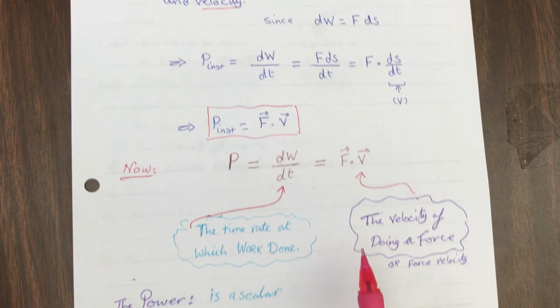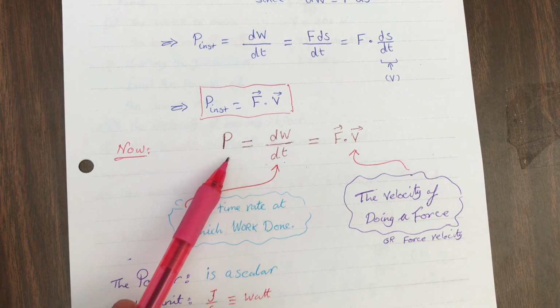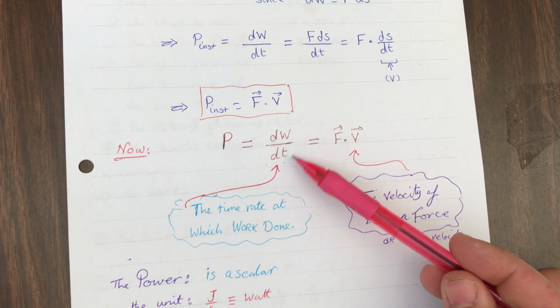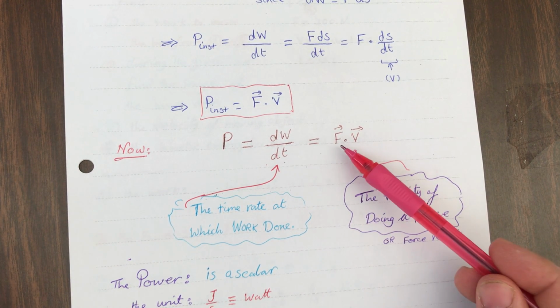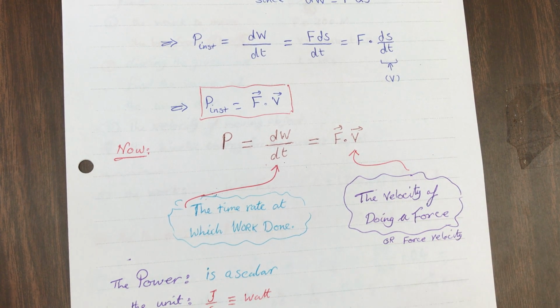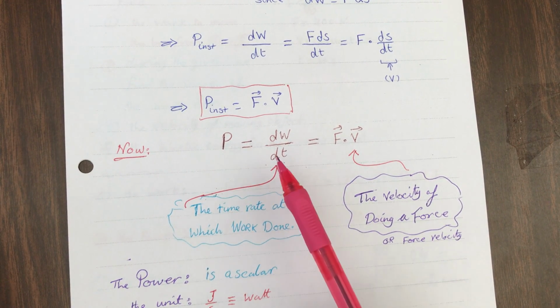Okay, now we have two relations for the power. The first one is the work divided over the time, dW over dt, or F multiplied by the velocity. We can say that the time rate at which work is done is the power.